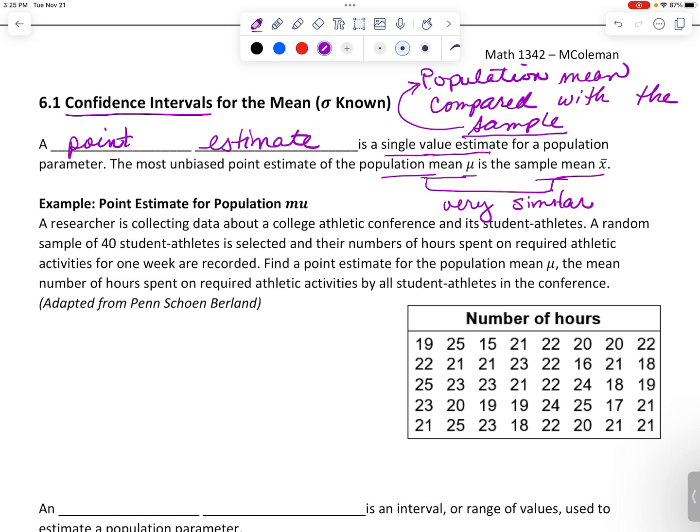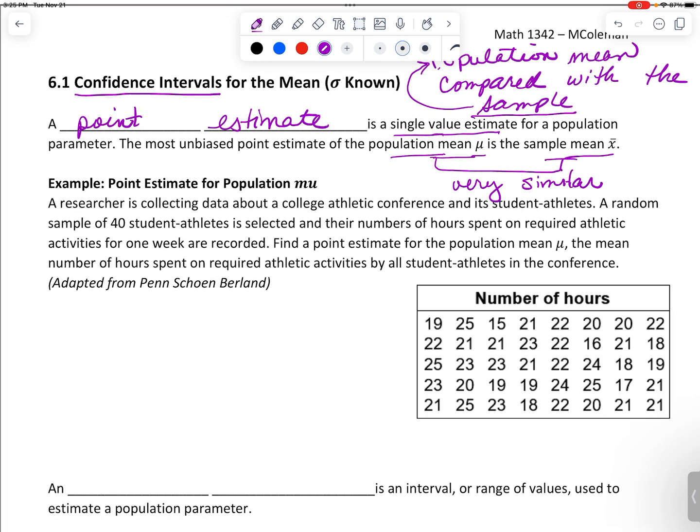If you think about elections, they cannot poll every single person who is voting in that community. So instead, they want to look at just a small sample and make predictions about what the entire community is going to do. So it's very similar with the mean. They want to take a small sample mean and see how close that is to representing the population mean.